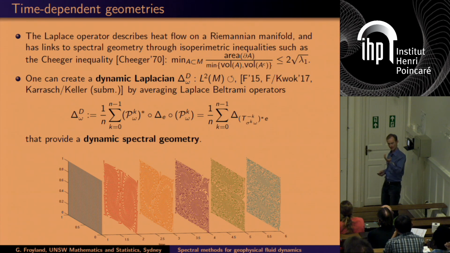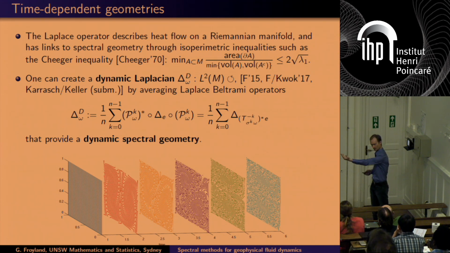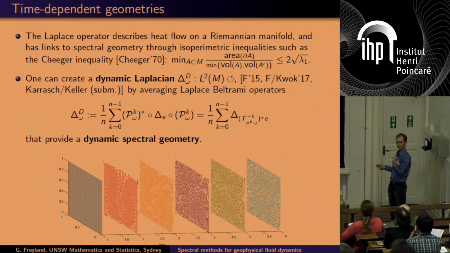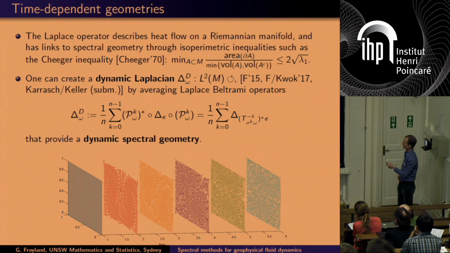You have a function you want to act on. You push it forward in time, k steps. You apply Laplace in the future, so it feels the deformation that has occurred due to the push forward. And then you pull back with the adjoint to bring you back to the omega fiber. So that is what is happening here. And you average all these operators from k is 0 to n. And each of these is elliptic and symmetric, so you end up with an elliptic symmetric operator.